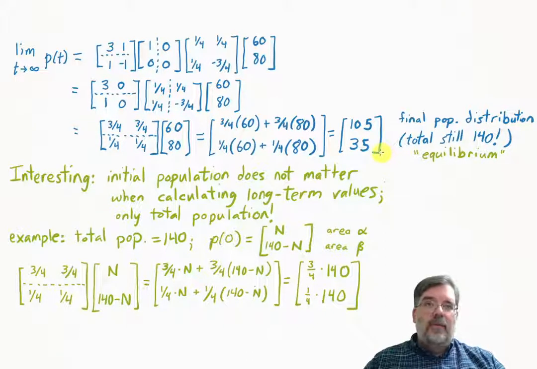There are no new members being born or introduced in any way. This population is still a constant. It's still 140. So it reaches an equilibrium. The population of area alpha keeps getting closer and closer to 105. The population of area beta keeps getting closer and closer to 35.